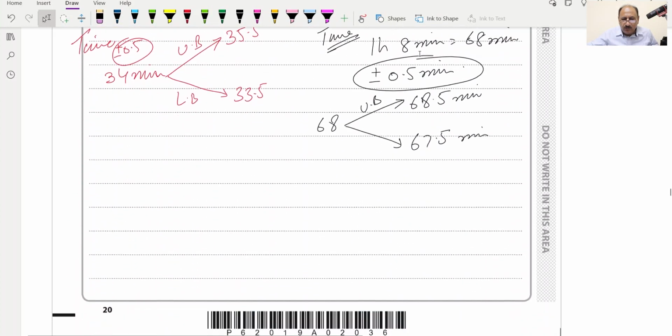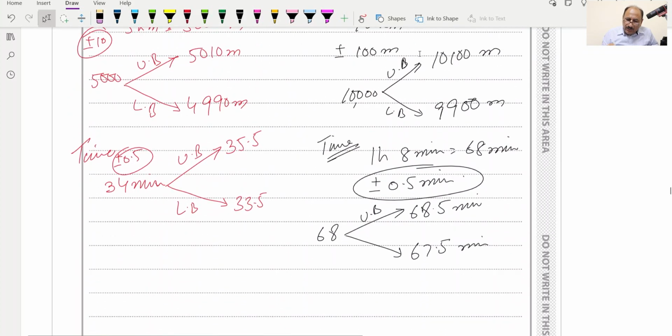For the upper bound of the difference, Colin's speed should be the higher value. So we take the speed of Colin and take its upper bound, because this is the higher value from which we have to calculate the other speed.